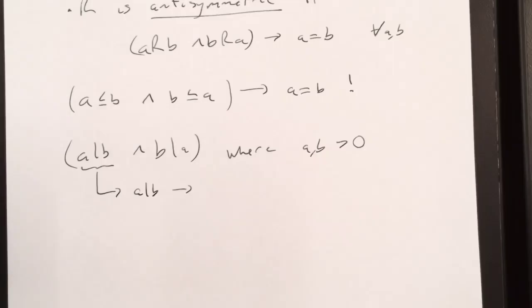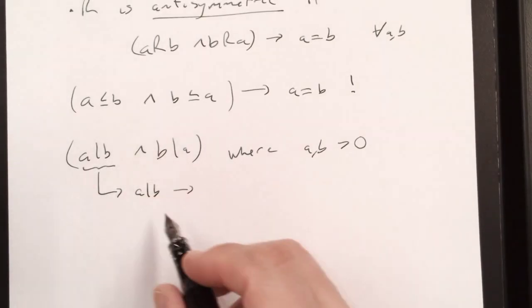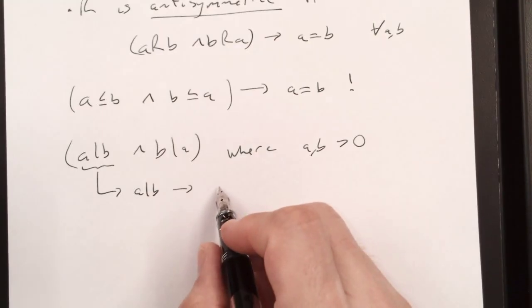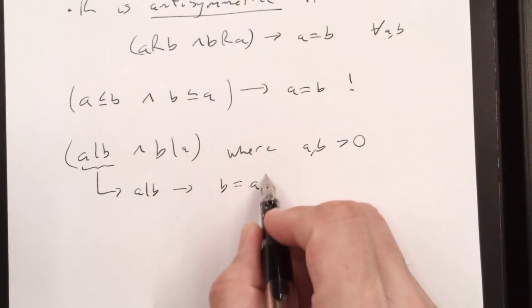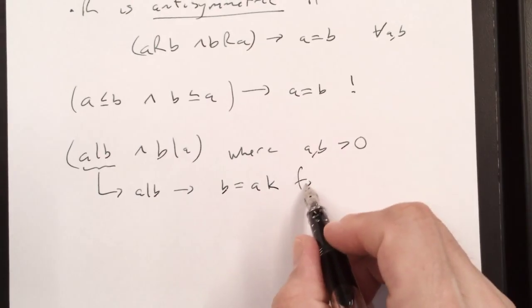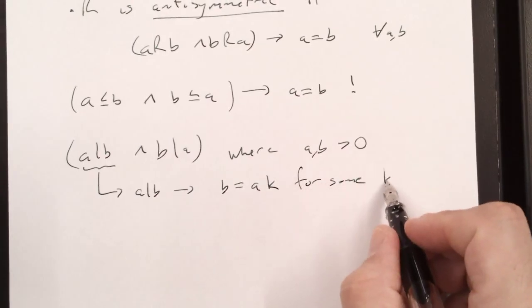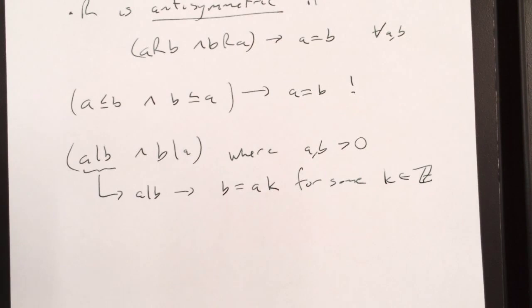Chapter 4, divisibility. I don't want to use C. C is already going to be too close. Let's use a different letter. B is equal to A times K, for some integer K. Right? Well, wait a minute.